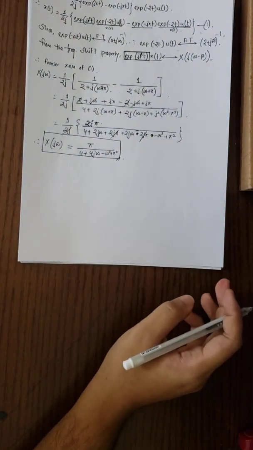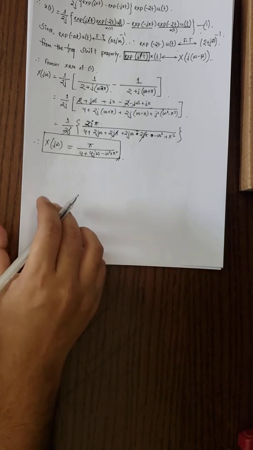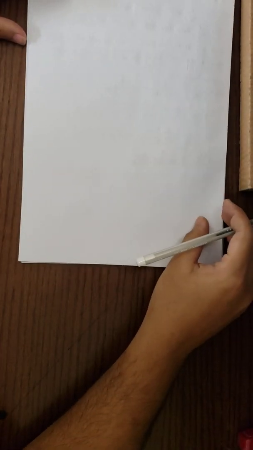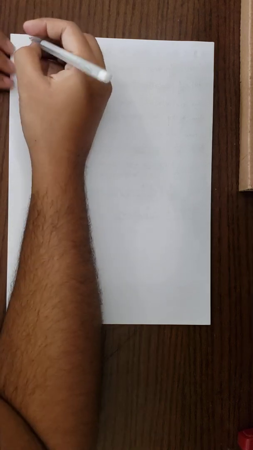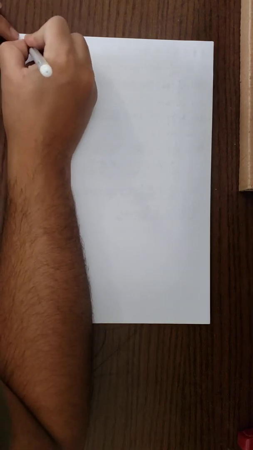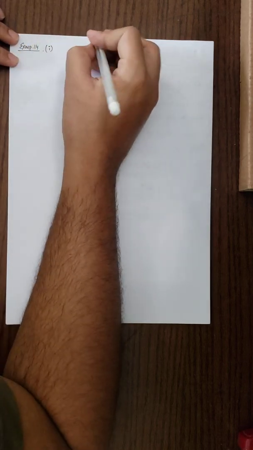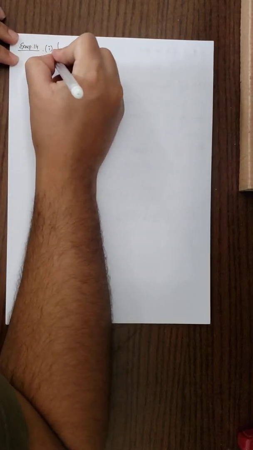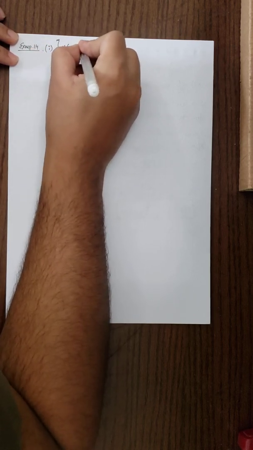I hope the problem is clear to you all, and with that we move on to the last problem of today's lecture. In the final problem, we are required to find three terms. The first one is the integral from negative infinity to infinity of X of j omega d omega.